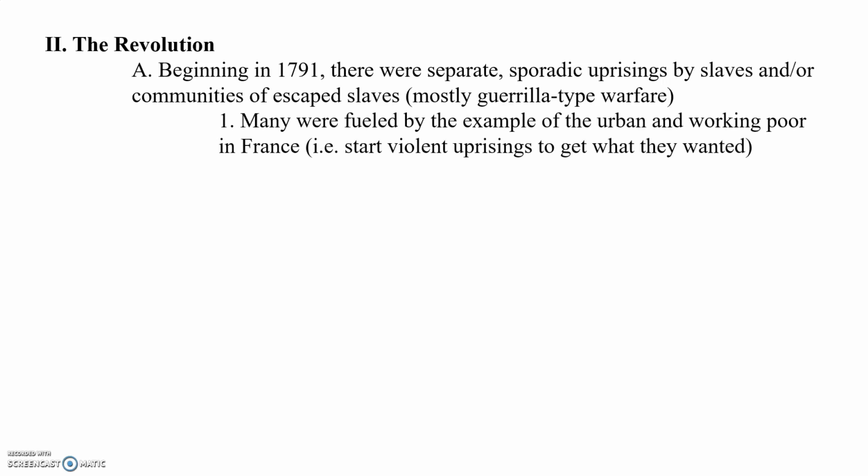Now, when they're attacking these plantations, what's fascinating to me is that these enslaved people and these Maroons are using the terminology and the context of the French Revolution when they're attacking. They see themselves not as slaves, but as members of the sans-culottes. They see themselves as kind of the French underclass.